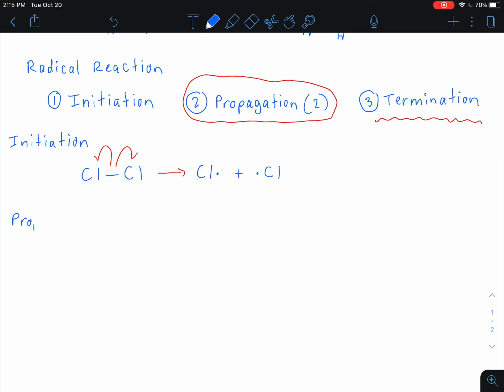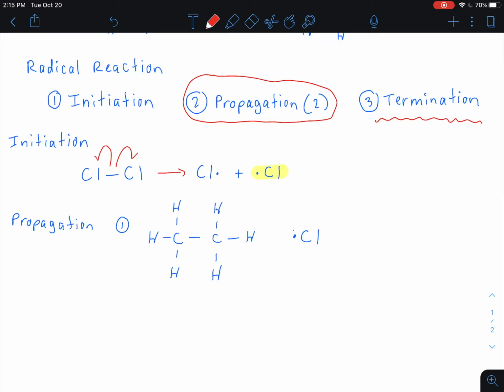So now we can talk about the propagation steps. And remember what I said, it's going to be broken into two steps, propagation 1, propagation 2. So in the initiation, we made some chlorine radical. In propagation 1, we're going to consume some of that radical. So let me draw this out. So here's our ethane, and then here's chlorine radical.